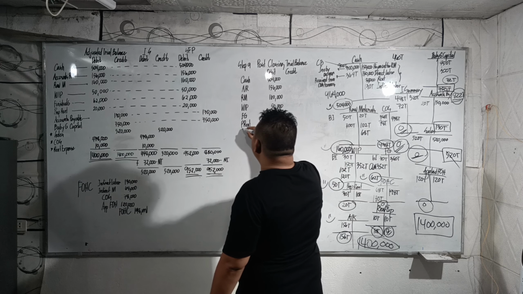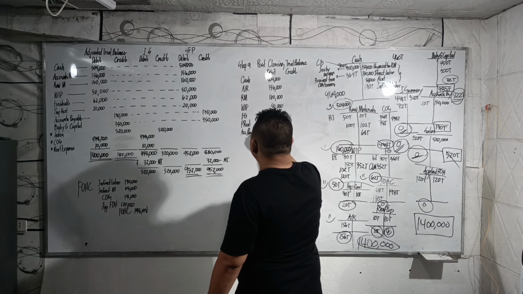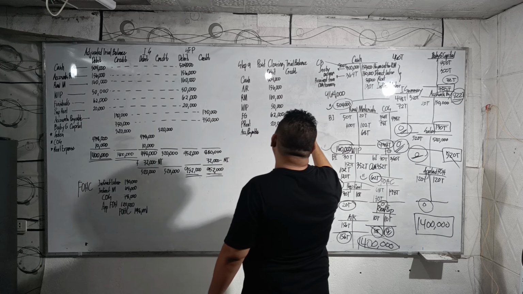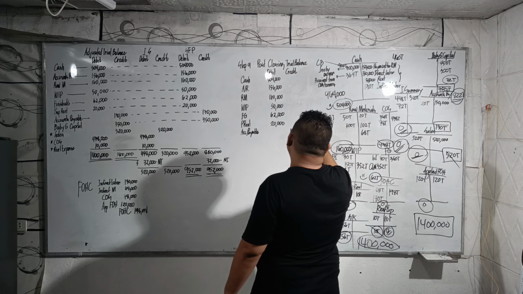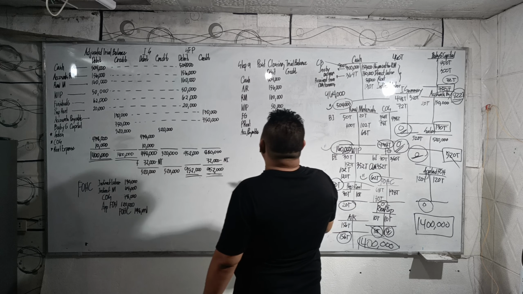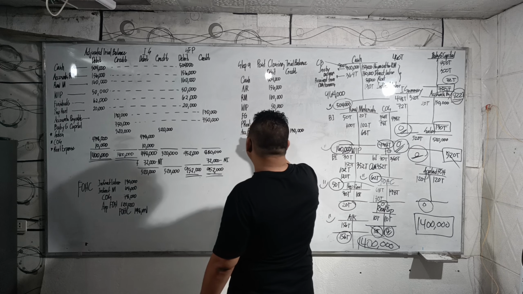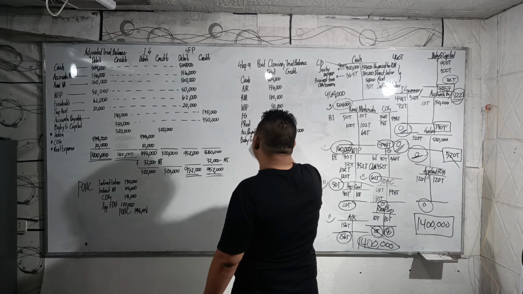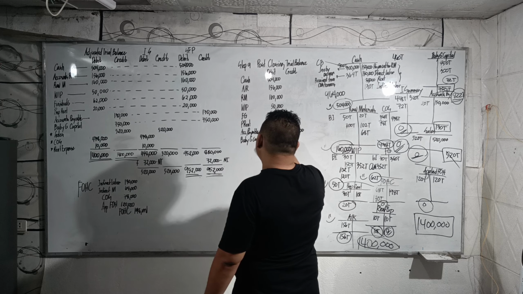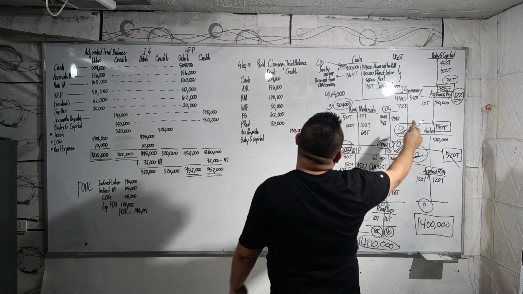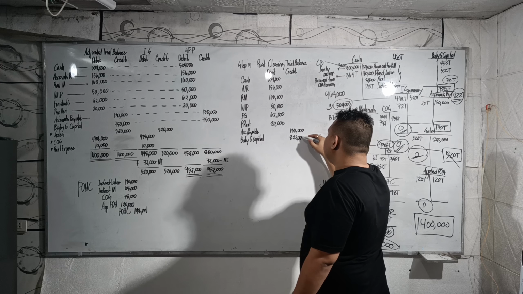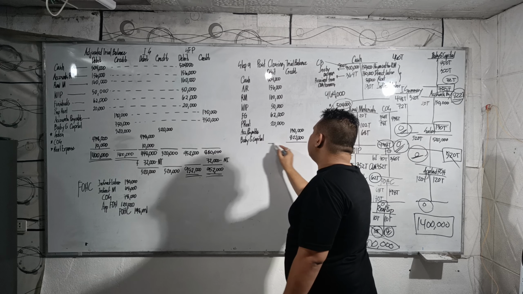And then the accounts payable is 130,000. And then, lastly, the BBG capital. We cannot copy already from here. We have to have the updated 822,000. And that's it.